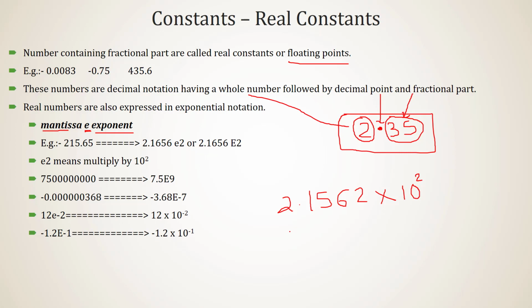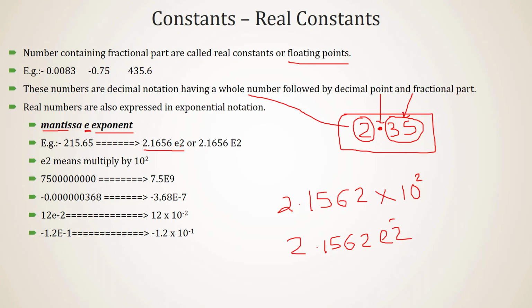So this can be written as 2.1562E2. Here 2.1562E2 means 2.1562 into 10 raised to 2.